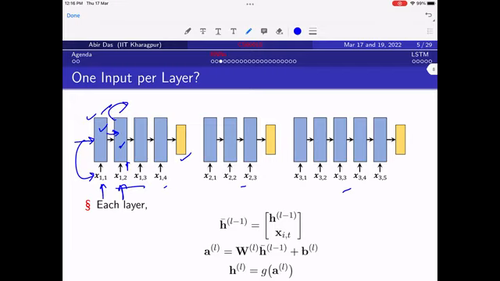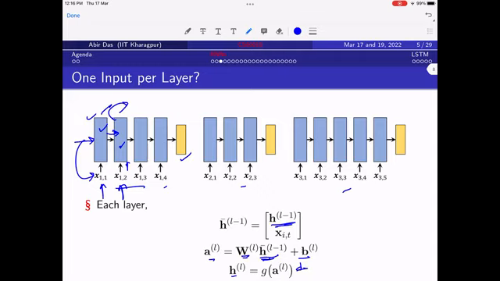For the Lth layer, the output from the previous L minus 1th layer gets multiplied with this fully connected layer, sometimes called the linear layer. So WL into HL minus 1 plus the bias, that's what we have seen to get the pre-activation. Then the pre-activation goes through some activation function to get the hidden activation in that layer.